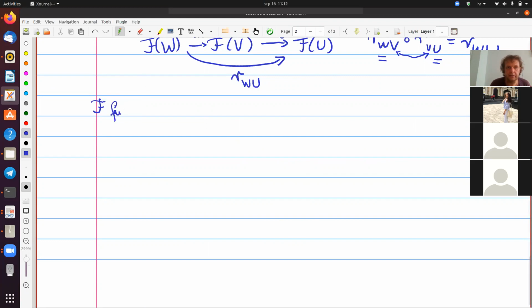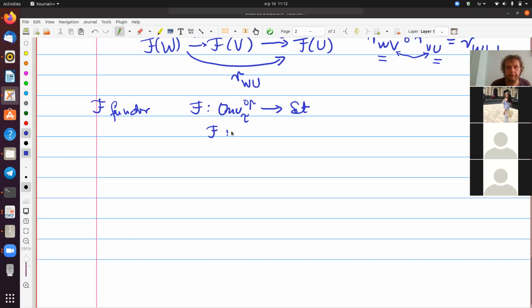This is a contravariant functor, which is exactly the functor from what I had before, from open sets of the topology tau opposite to the category of sets.